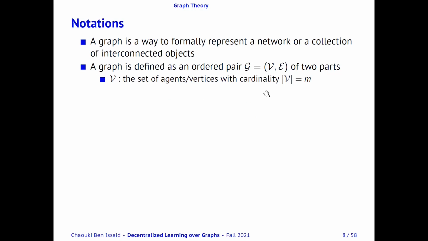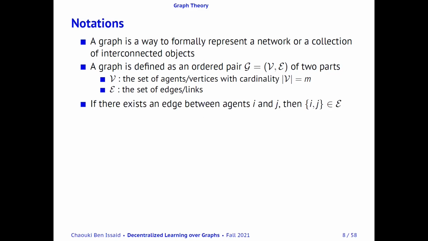The cardinality of this set is equal to M, to be consistent with the notation used in the definition of the learning problem. And the second part is the set of edges or links. If there exists an edge between two agents i and j, then the couple (i, j) belongs to the set of edges.